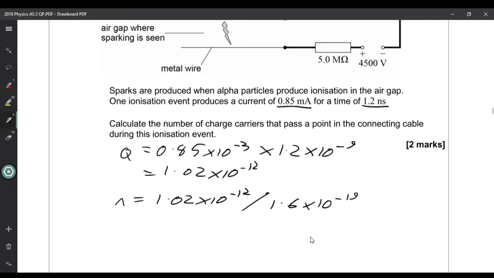So N comes out to be 6.4 times 10 to the 6. So here what we've done is, from knowing the current and knowing the time that the current is on for, we can work out the total charge, and we know how much charge can be carried by each charge carrier, so therefore we can work out how many charge carriers there are.